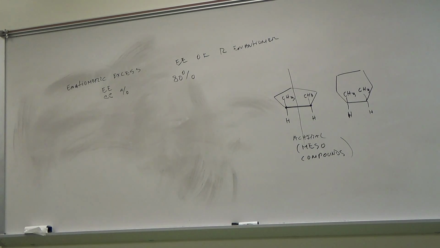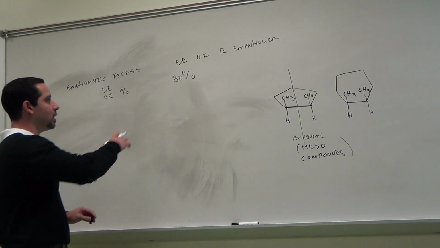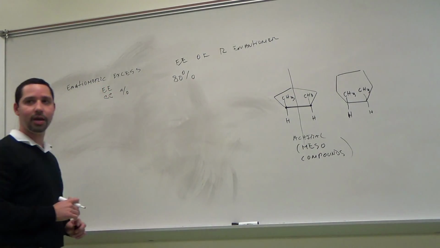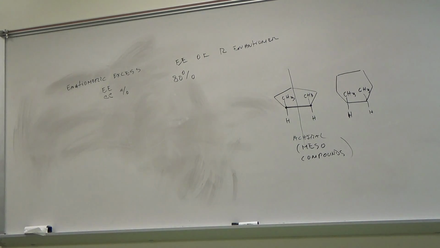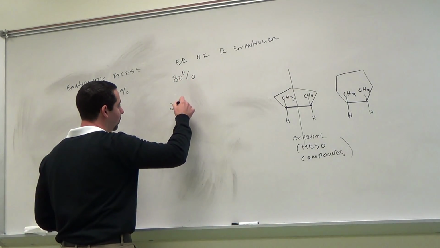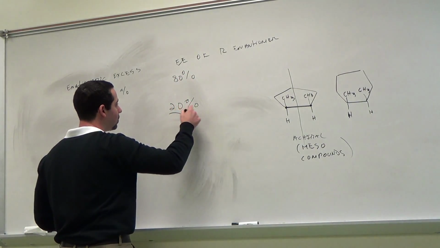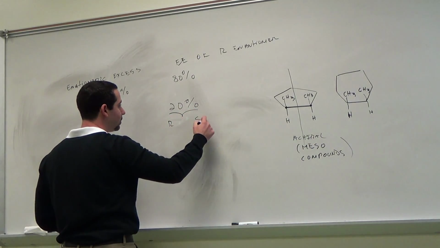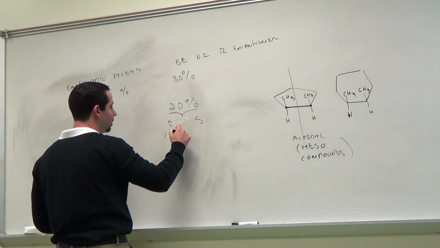Now, of that 80%, if you had R and S and they were the same amount, would we see anything? No. So 80% means that the other 20% is split half and half. Yes? That is why it did not rotate plane polarized light. So of this 20% that is left over, half of it is R and the other half is S. So how much is R? 10%.